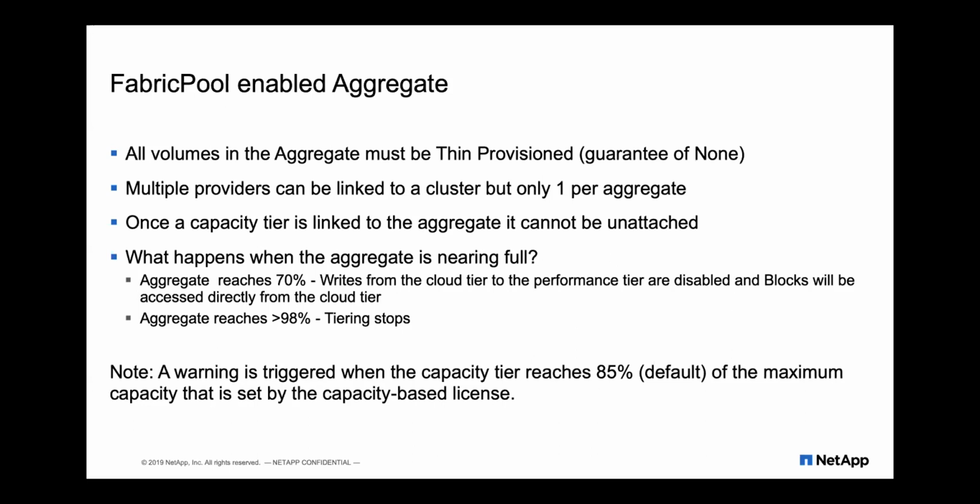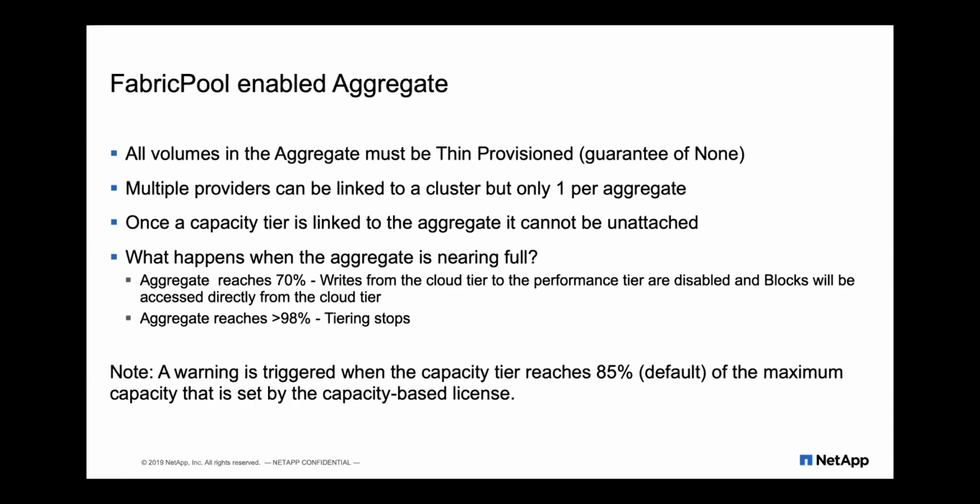If the aggregate reaches 70%, all writes from the cloud tier to the performance tier are disabled. Meaning any of your blocks that are currently in your cloud or object storage will not, if they're read, be brought down to your primary storage. You continue serving data and you will continue tiering. Again, this just means that all your reads will be occurring from your capacity tier.